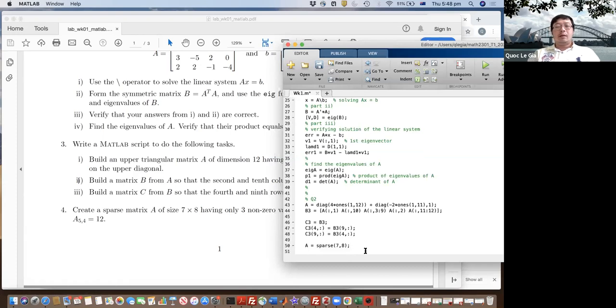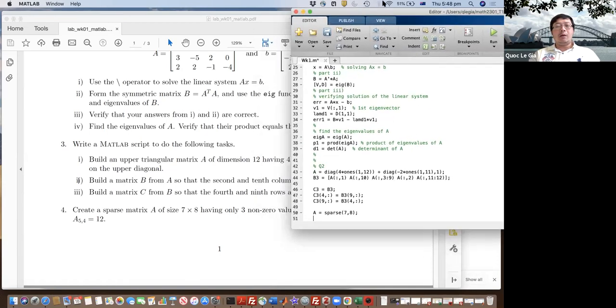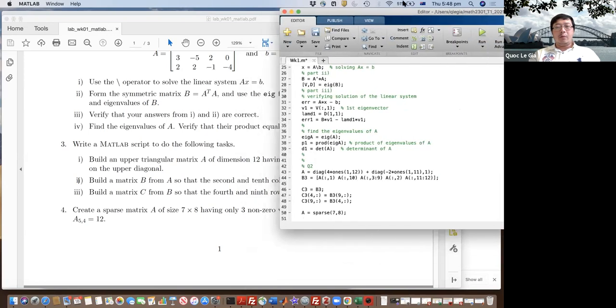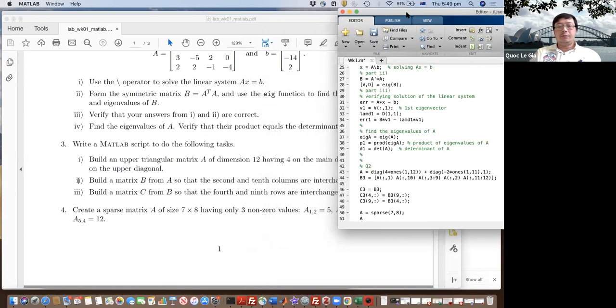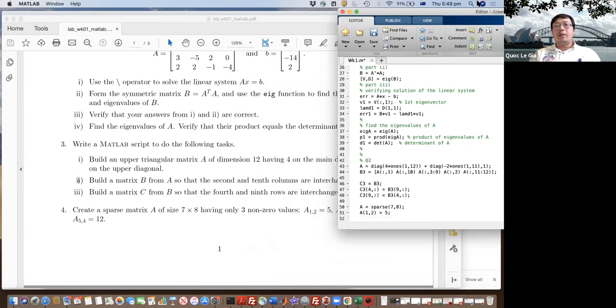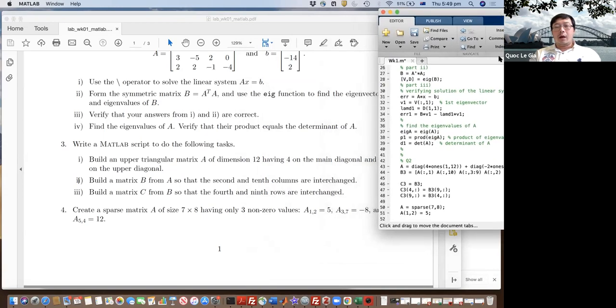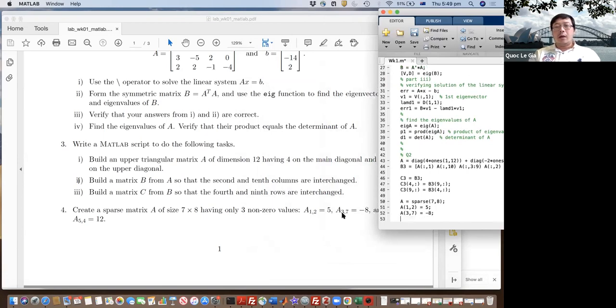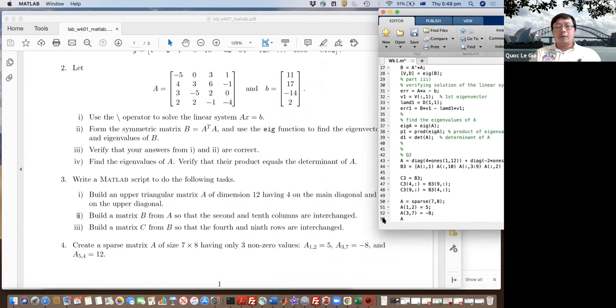So in this case, suppose I had sparse 7 rows, 8 columns, and then I have A12 equal 5, and then A37 equal minus 8, and A54 equal 12.